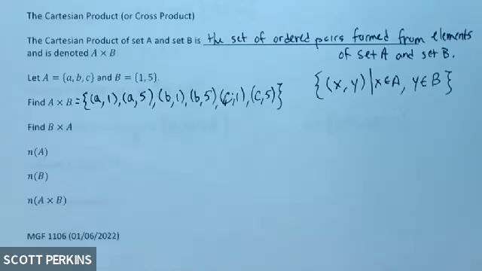What I would like you to do, please, unless you have a question, is do B cross A. So the only difference this time, the first part of your ordered pair is something from B, and the second part of the ordered pair is something from A. And then if you're done with that and you want to, you can finish out the last 3 questions on that page.